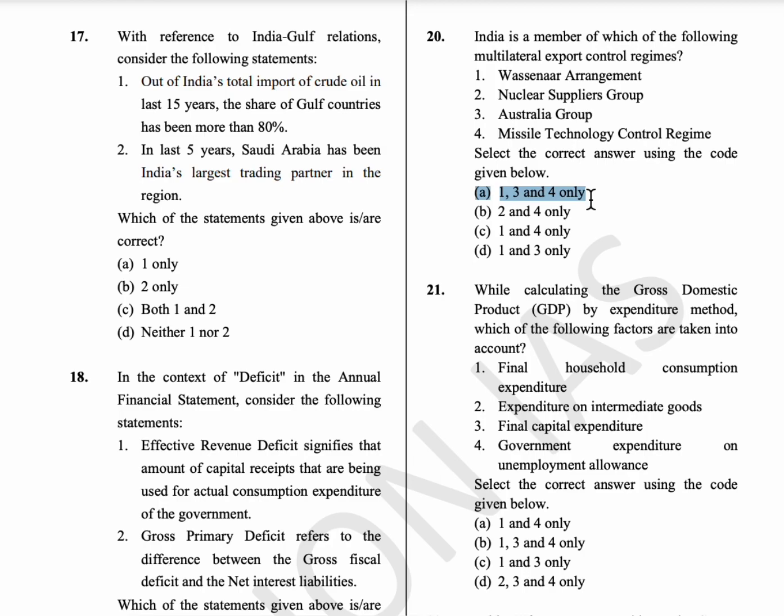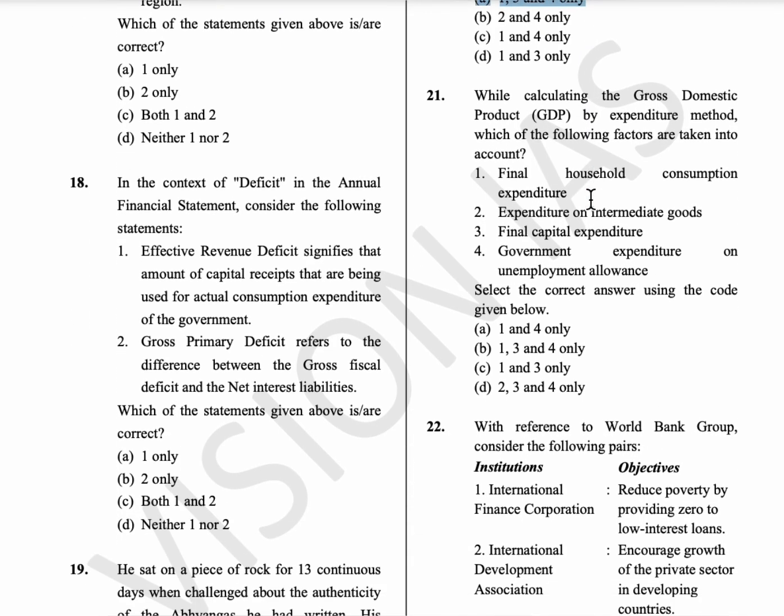So option A. 21st question, while calculating the gross domestic product by expenditure method, which of the following factors are taken into account? While calculating gross domestic product by expenditure method, we take final household consumption expenditure and final capital expenditure, only 1 and 3.